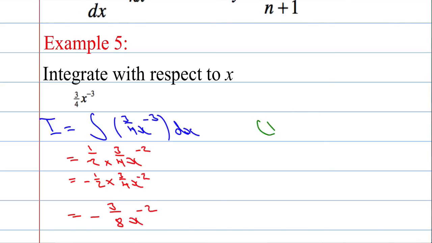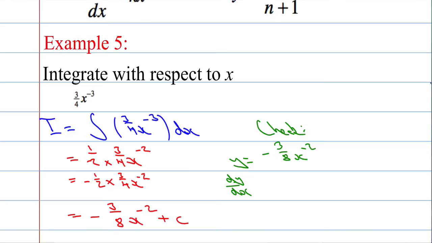So a check here. Suppose we had negative 3 over 8 x to the negative 2. So y equals that. Let's work out the derivative dy by dx. Oh, and let's also remember our constant c.